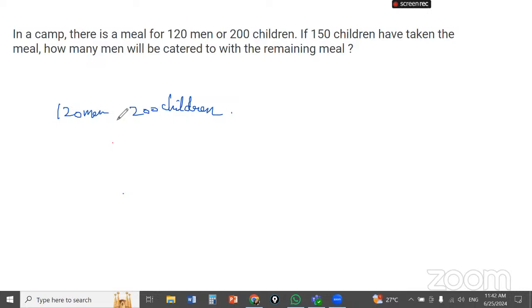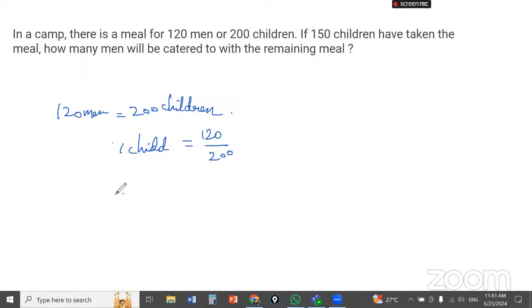That's what they have given for us. So the meals for 200 children is equal to 120 men. So if you take one child, how much meal does one child consume? That is 120 divided by 200. So 120 divided by 200 is for one child.